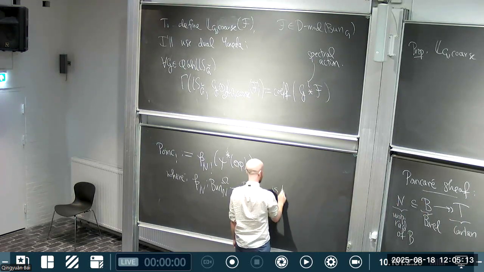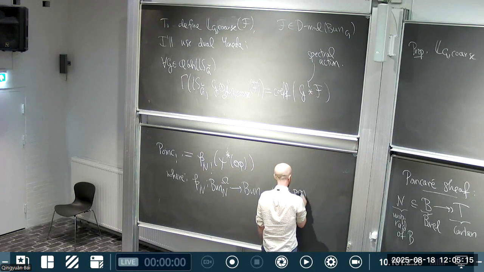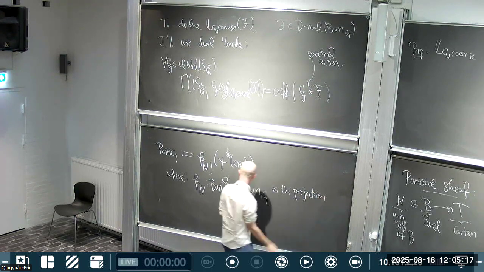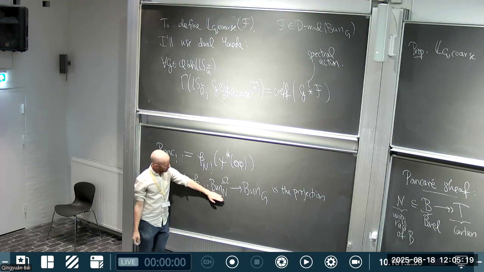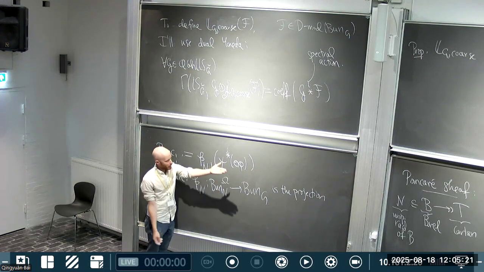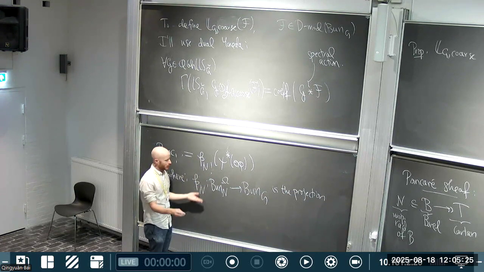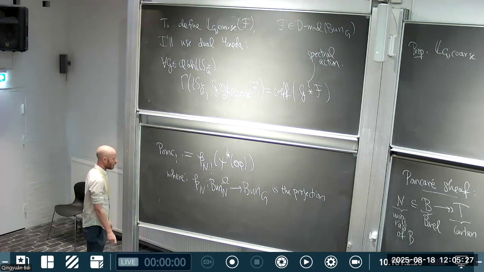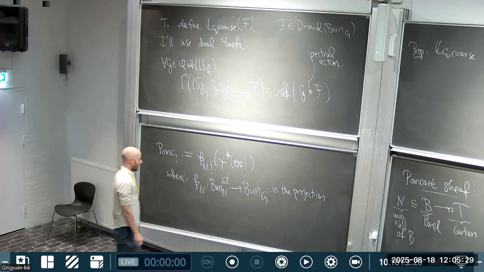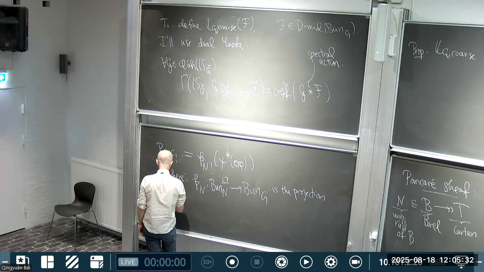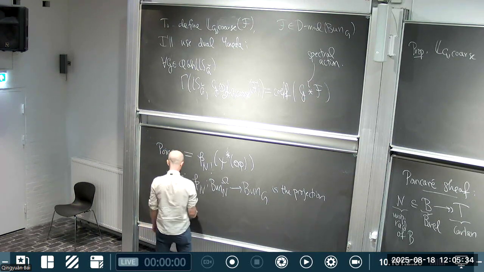So this is the projection, or more formally, Bun N omega was defined so it maps to Bun B. The B bundle is an extra structure, and the B bundle induces this G bundle.